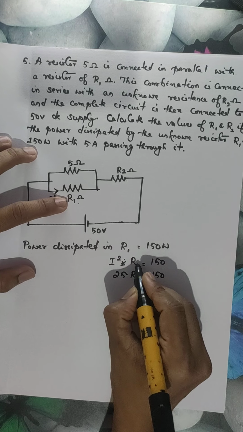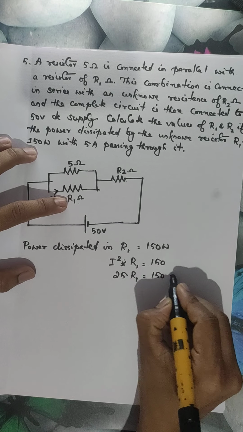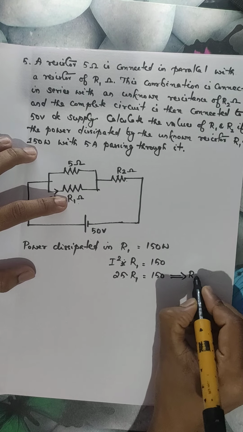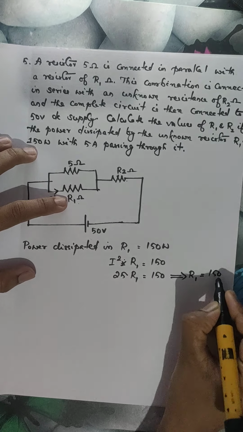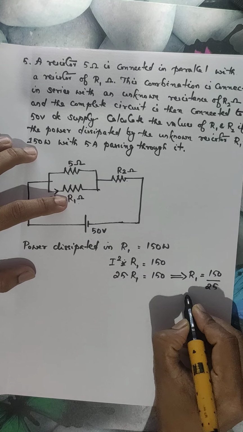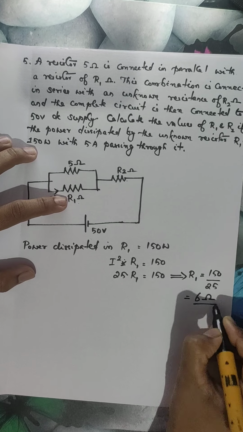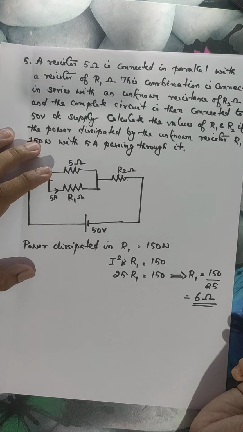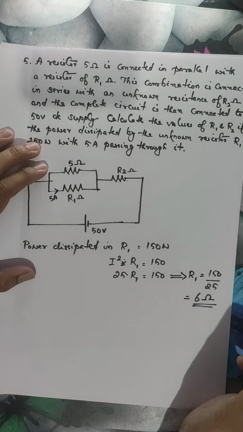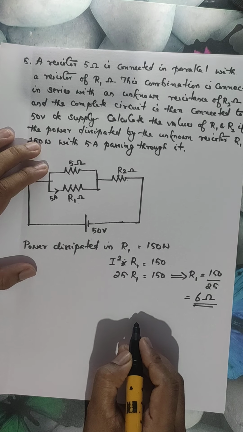Here R is R1. So R1 will be equal to 150 divided by 25, that is 6 ohms. So we got the value of R1 directly. R1 is 6 ohm.